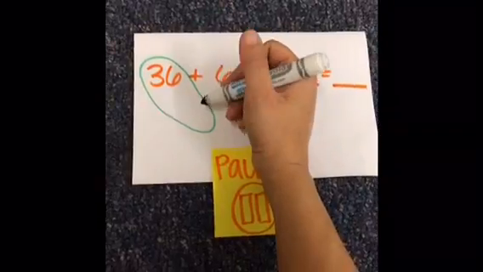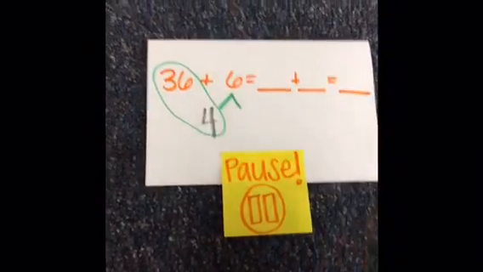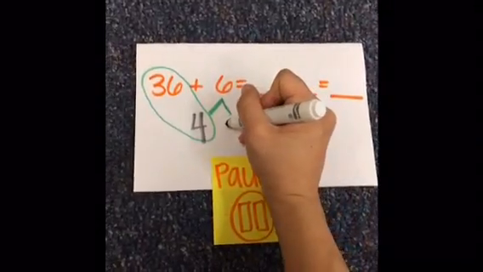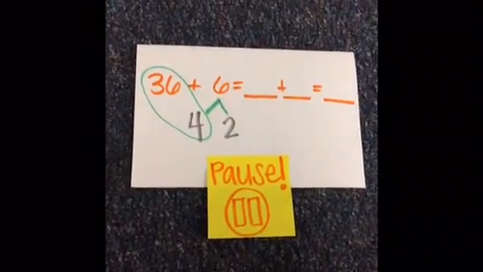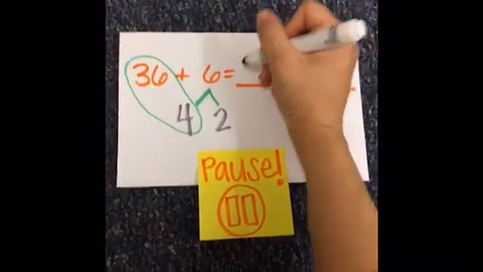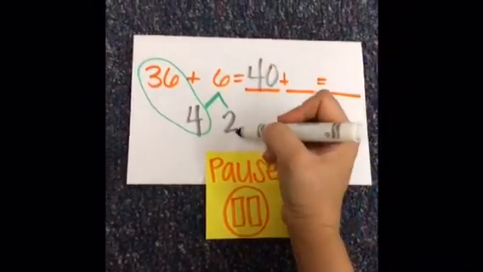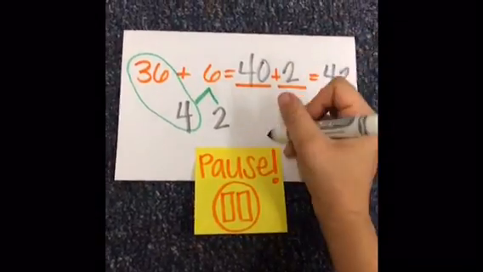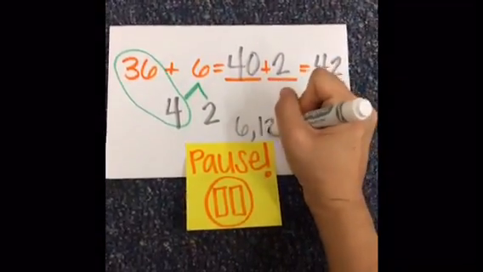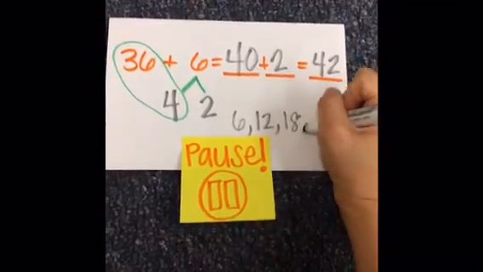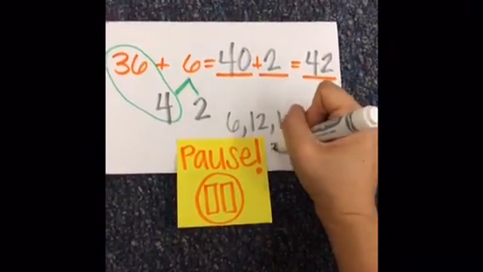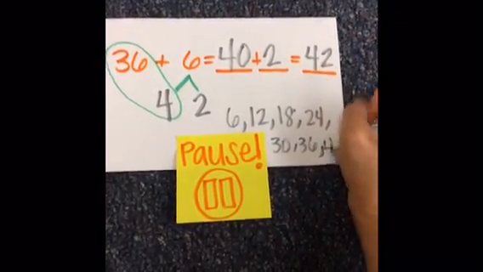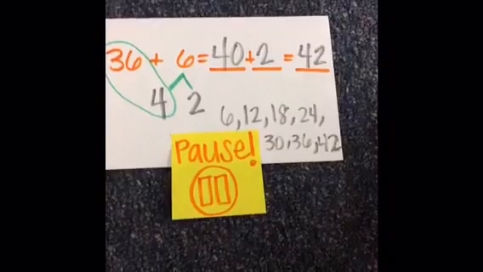Okay, well I know I would need to borrow 4 to make 40. And if I take 4 out of 6, I still have 2 left over. Now I have 40 plus 2 equals 42. So I know as I'm skip counting by 6, 6, 12, 18, 24, 30, 36, my next number would be 42.